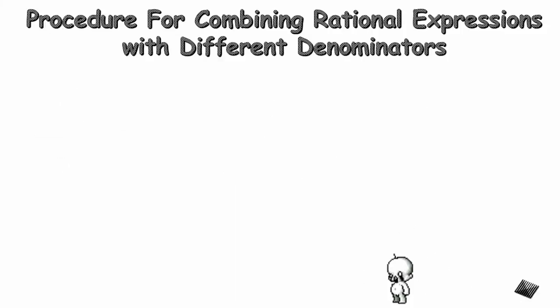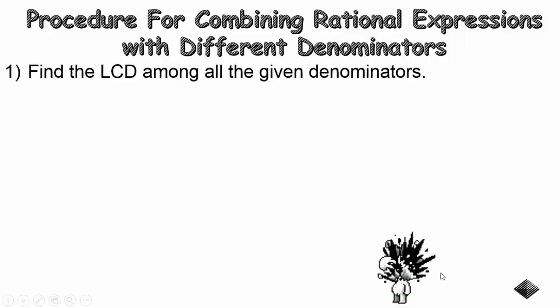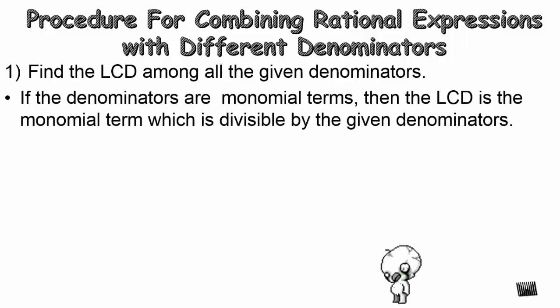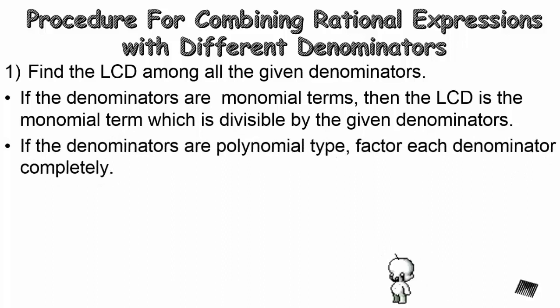So here is the procedure for finding the rational expressions with different denominators. So this would be the lowest common denominator method. We find the lowest common denominator. If the denominators are monomial terms, then the lowest common denominator is the monomial term which is divisible by the given denominators. And if the denominators are polynomial type, we'll factor each denominator completely.